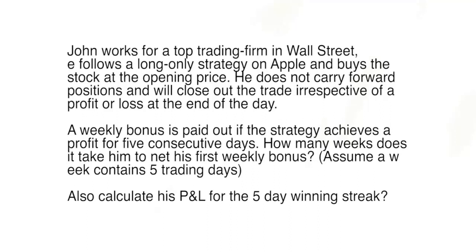A weekly bonus is paid out if the strategy works out a profit for 5 consecutive days. So we have to calculate how many weeks it takes him to net his first weekly bonus. Assume a week, in this case, to be 5 days, because we're not accounting for the weekends. Also calculate his P&L for the 5-day winning streak.